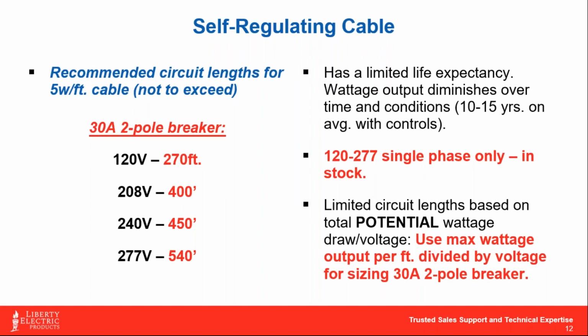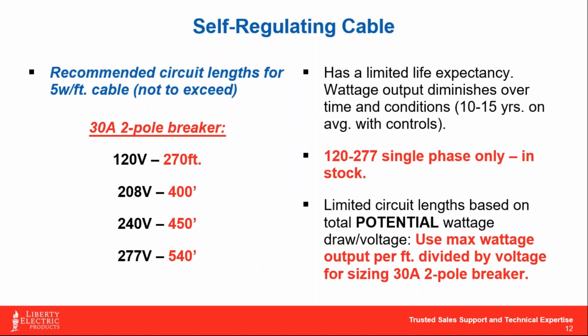If we run 277 volt, obviously that's a little hotter, it's running more juice, which is going to increase the output of your cable. So now your 5 watt a foot cable is probably putting out more like 6.2 watts a foot versus 5.